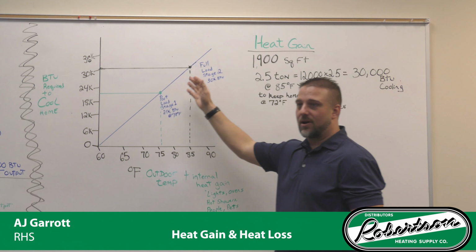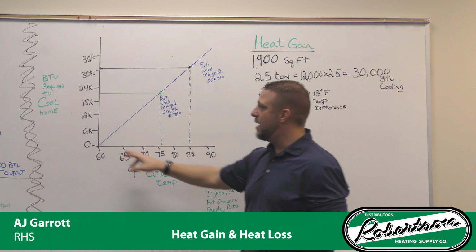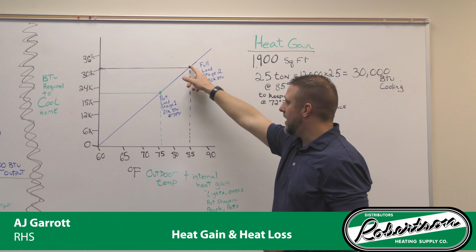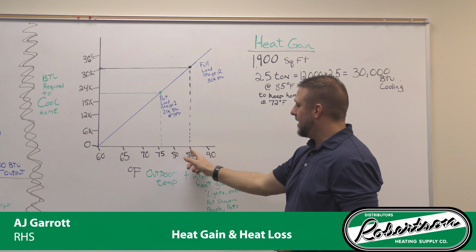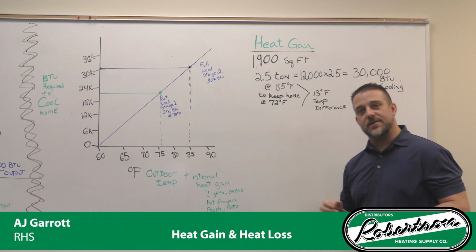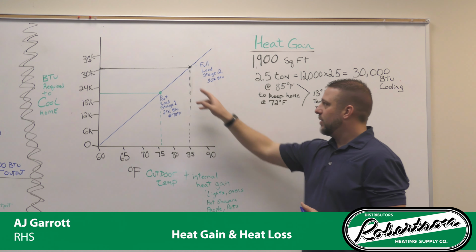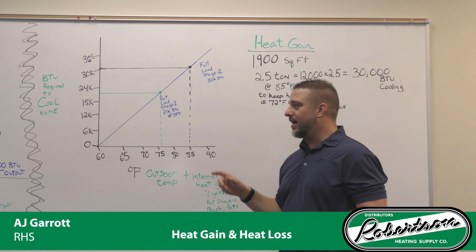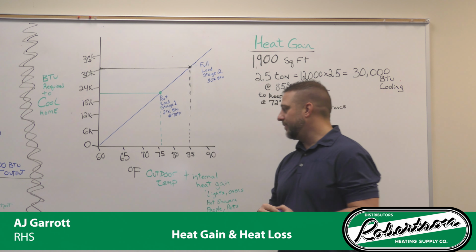So let's go plot this on our chart. We find 30,000 BTUs. We come across to our diagonal line. We drop down to 85 and we build our box, and that's where our line charts out. So we know at a full load, at 85 degrees outside, our house is going to maintain 72.